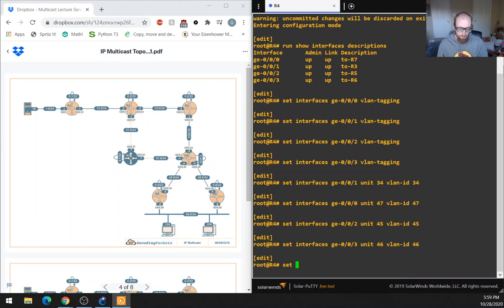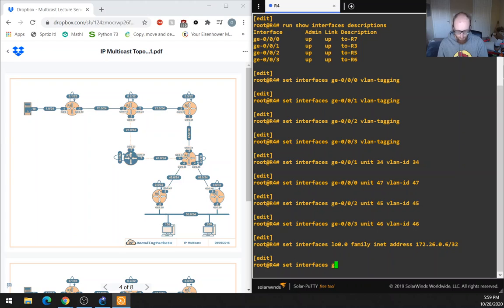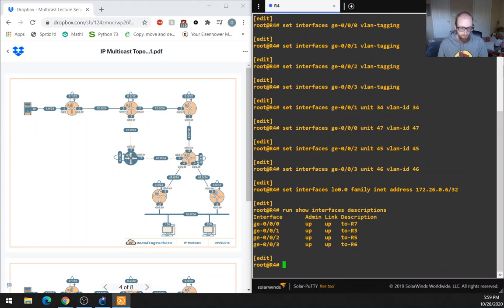Time for the IP addressing, so we'll start with the loopback. Okay, and moving on to the interfaces. So start with the interface to router 3. I'll get a fresh description here.